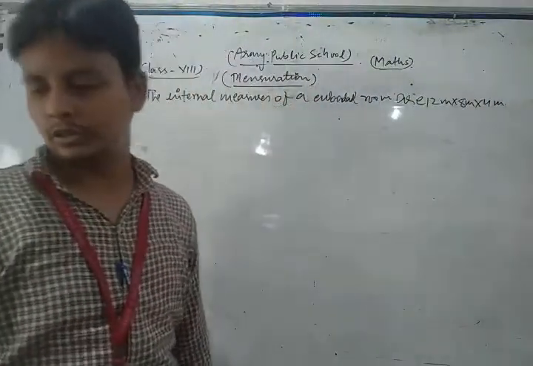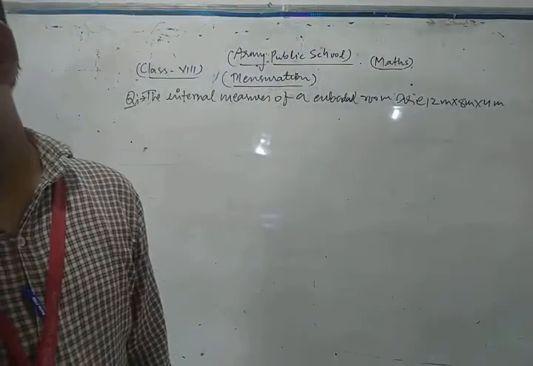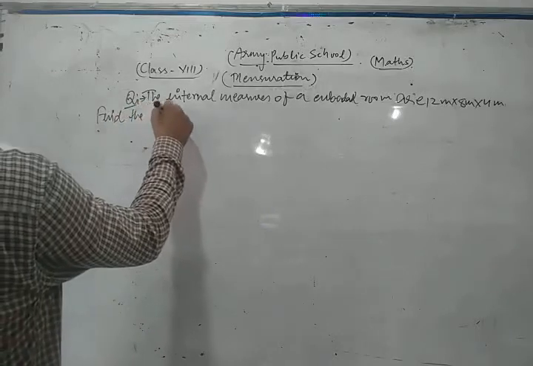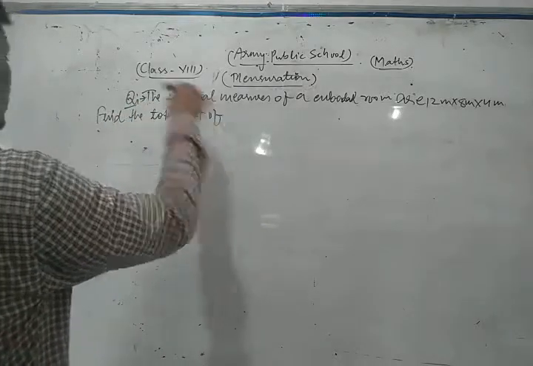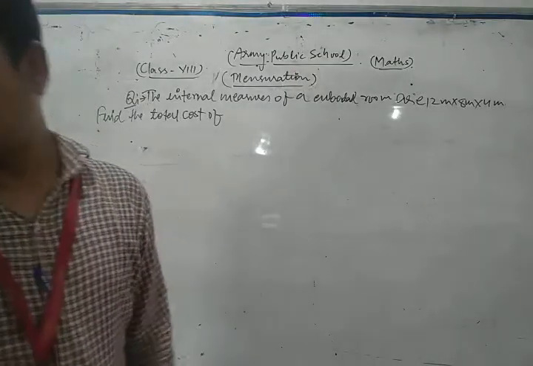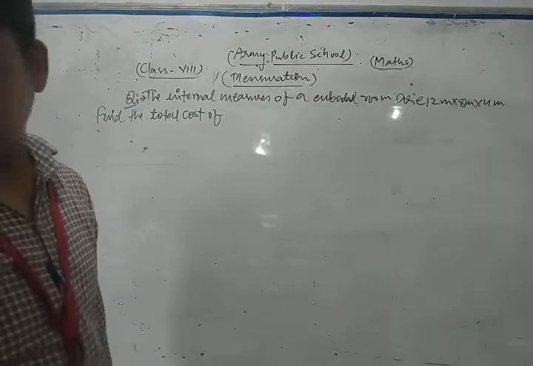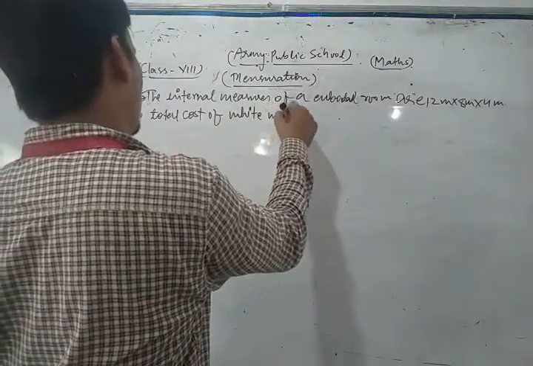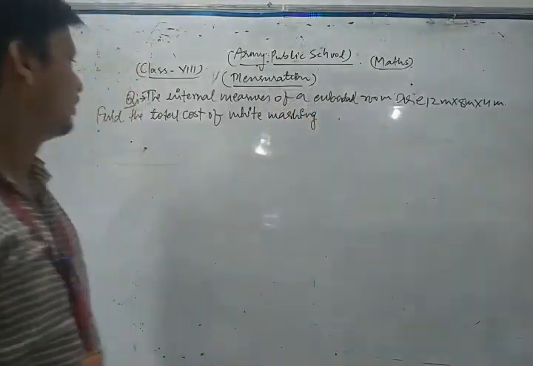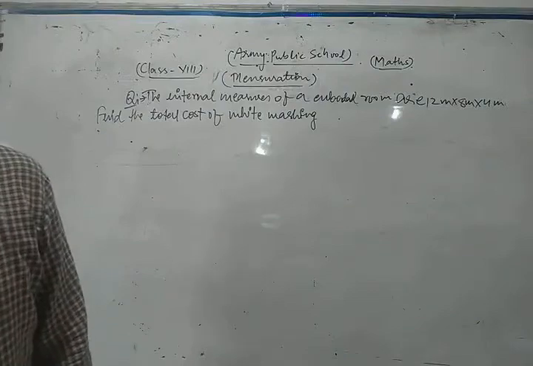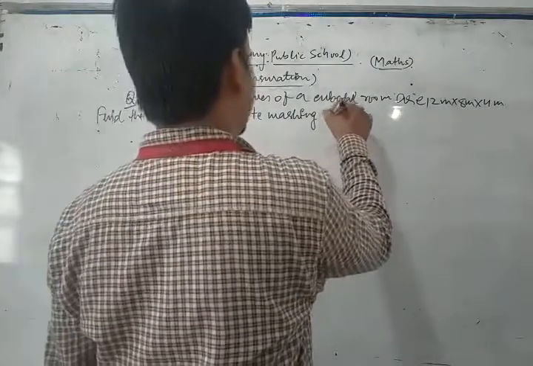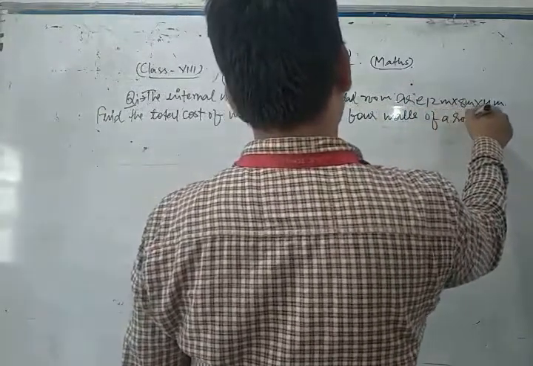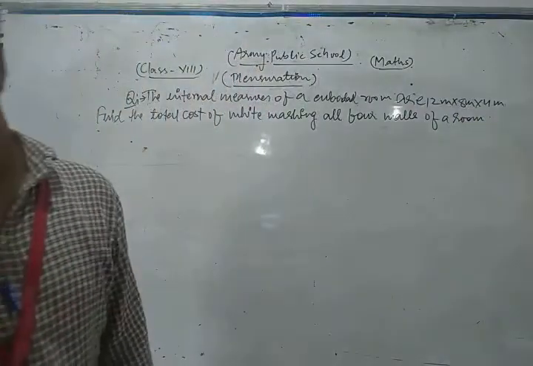This is the dimension of a cuboidal room. Find the total cost of whitewashing all 4 walls of a room.